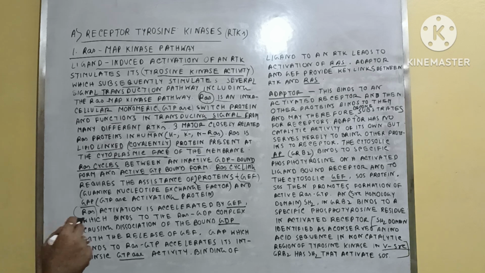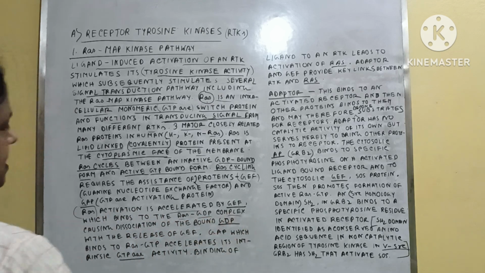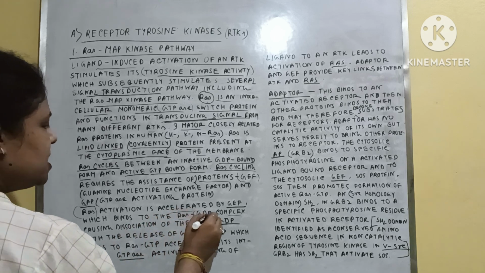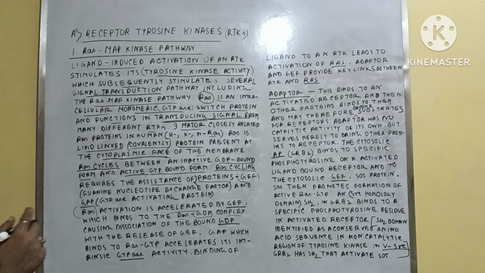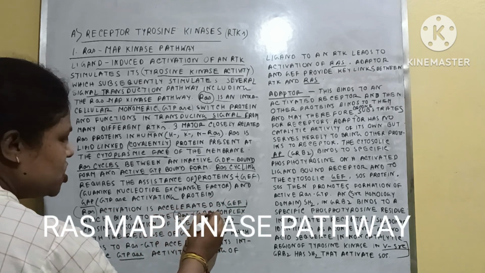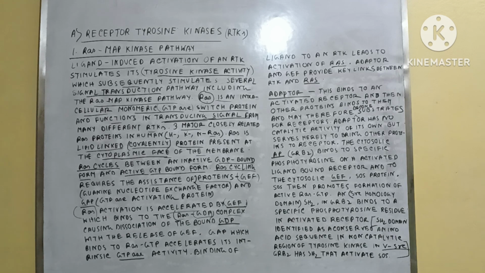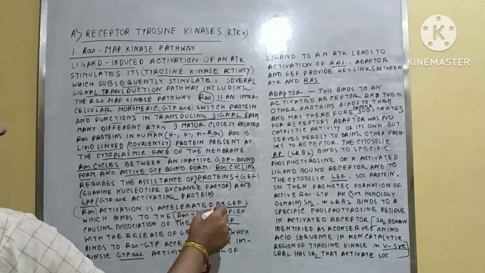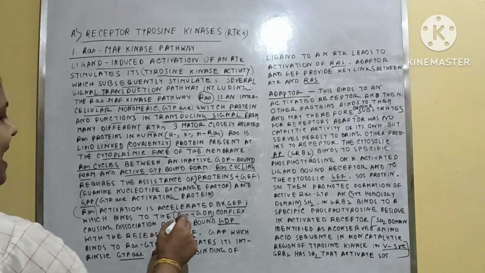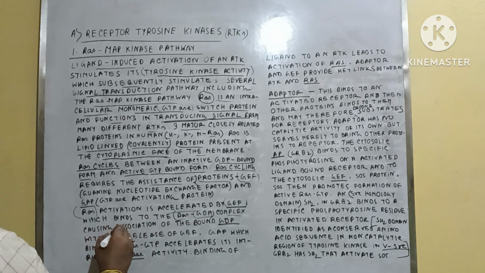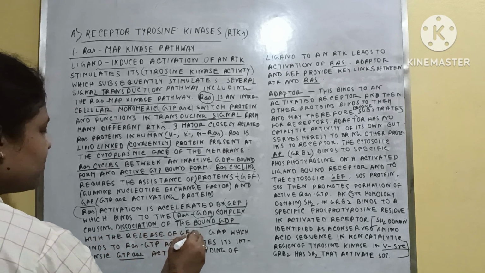RAS activation is accelerated by GEF, which binds to the RAS-GDP complex. First of all, the RAS protein binds with GDP, and this GEF protein also binds with the RAS-GDP complex. Why do they bind? When GEF binds to the RAS-GDP complex, this causes the dissociation of the bound GDP with the release of GEF.